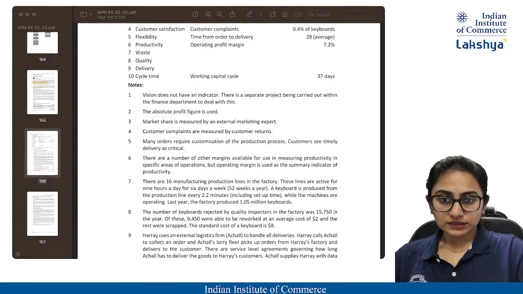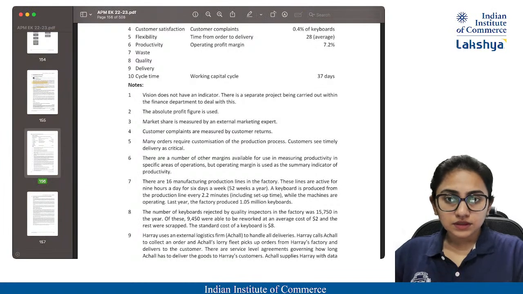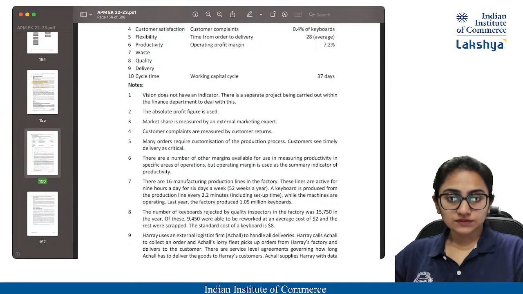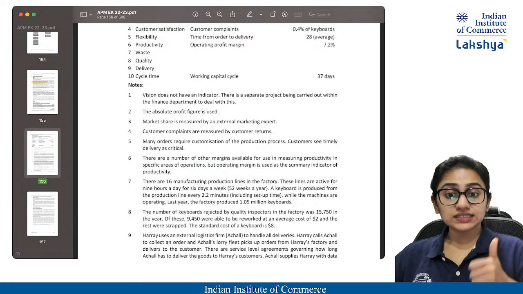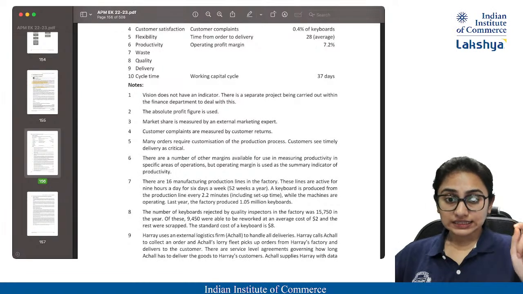If you check the delivery and cycle time, working capital cycle is 37 days. Customer complaints are measured by the customer returns. Many orders require customization of the product process. Customers see timely delivery as critical.